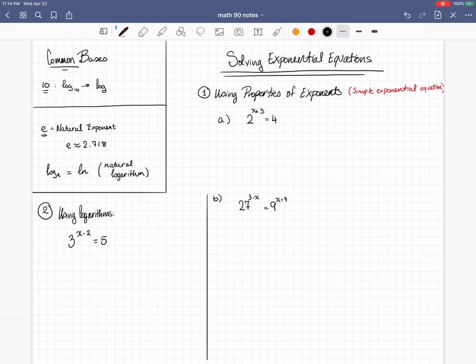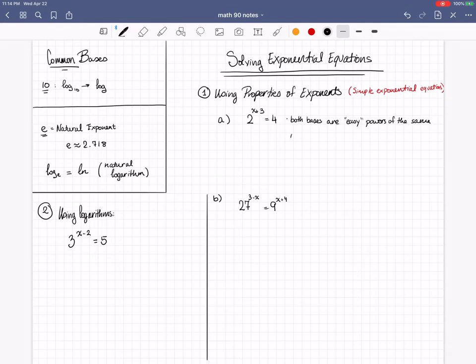The thing that makes them nice or simpler is that both of the bases are, and I'm going to put in quotes here, "easy" powers of the same number.